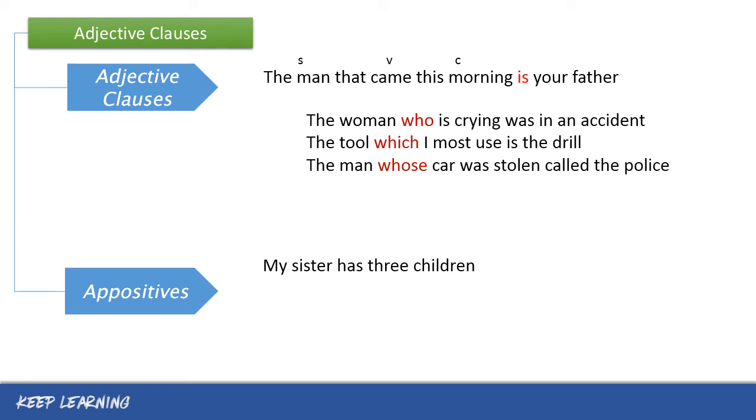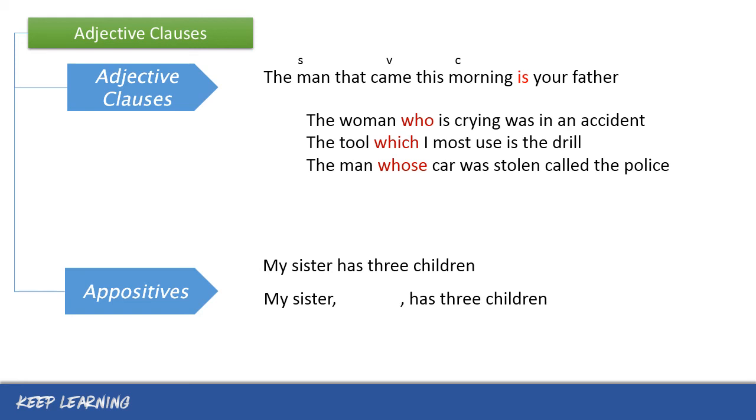So what I can do is open space between my sister and has 3 children. I open the space with 2 commas, and right there in the middle I am going to place more information about my sister.